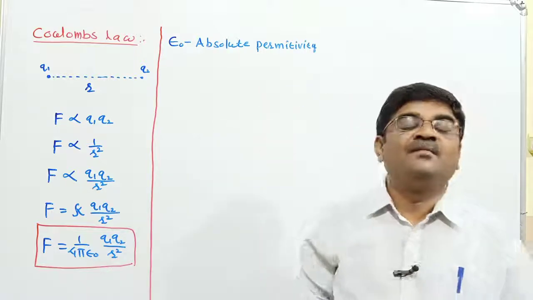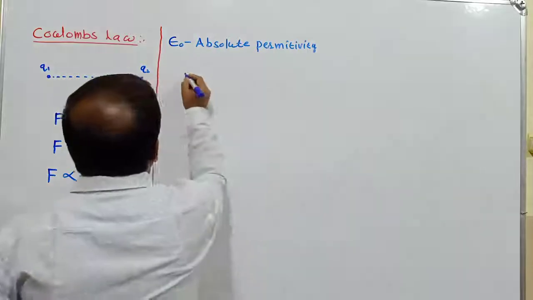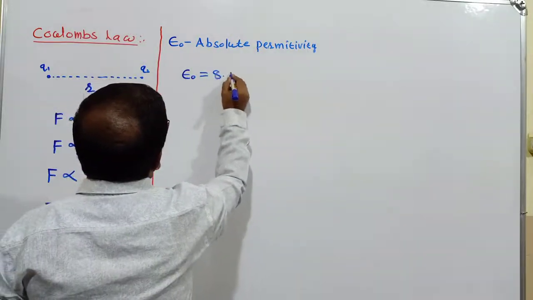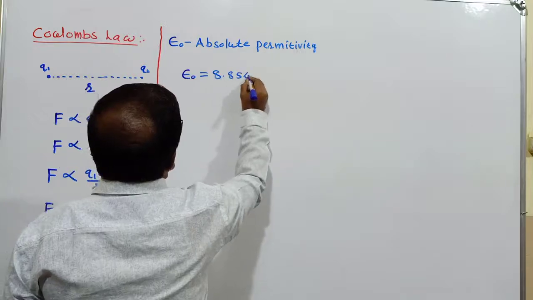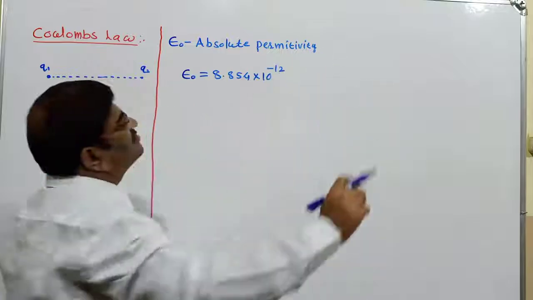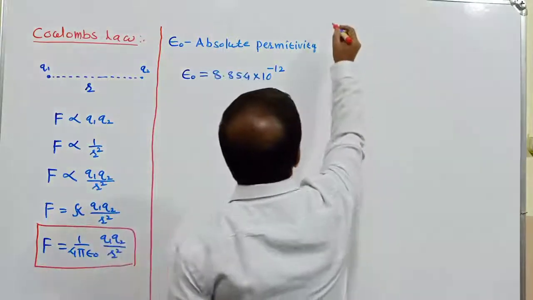If you remember, the value of absolute permittivity I had mentioned yesterday, 8.854 times 10 to the power minus 12. So this is the value of absolute permittivity.